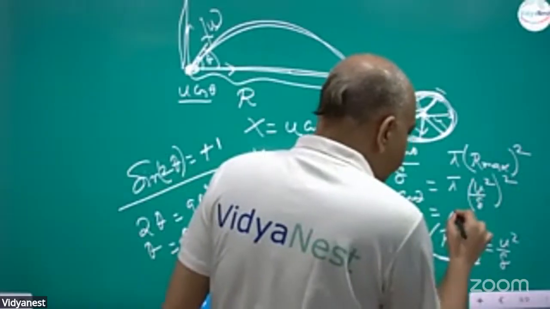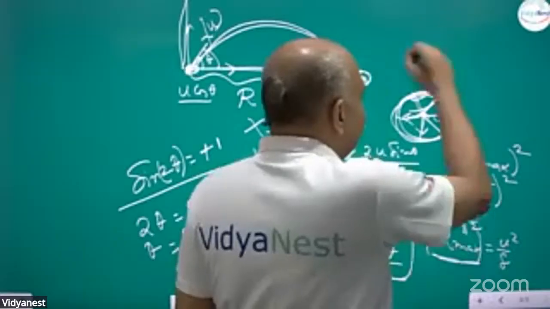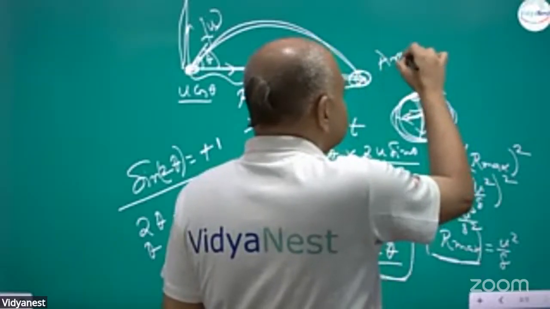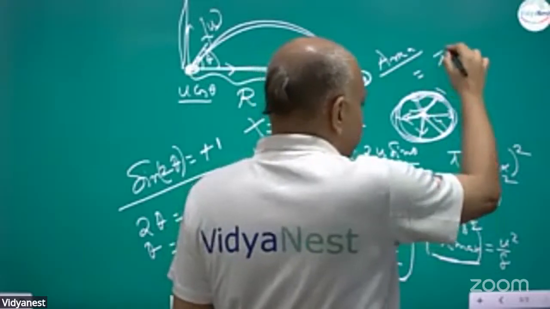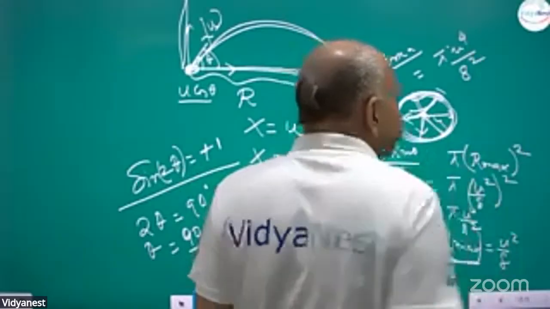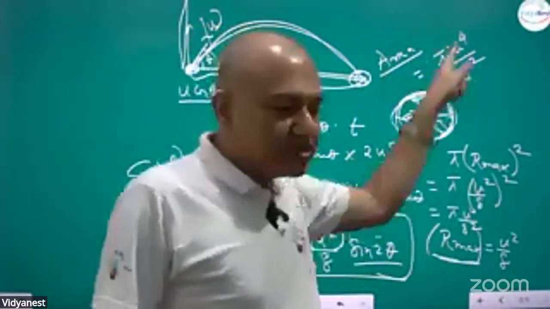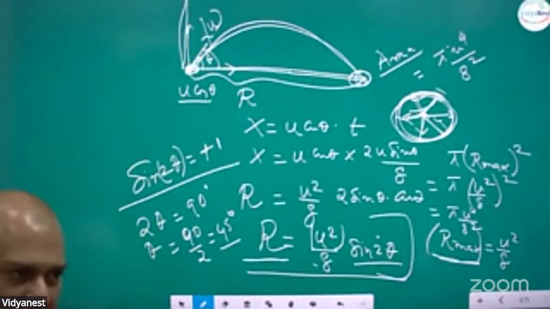Therefore the maximum area is pi u to the power 4 by g square. The gun can cover this much maximum area. Is it clear? Yes, sir. Very good.